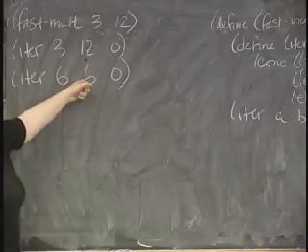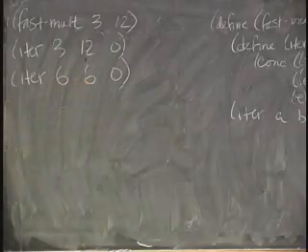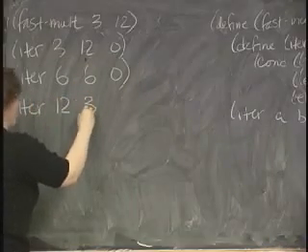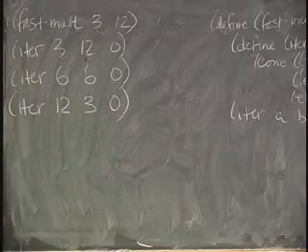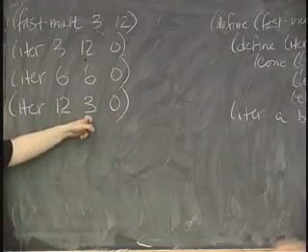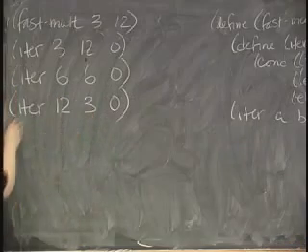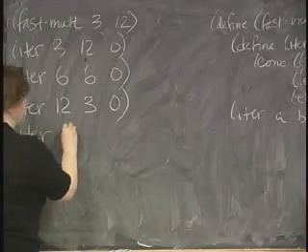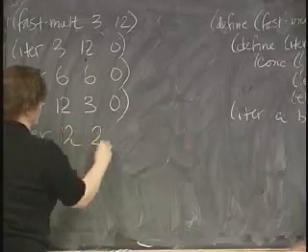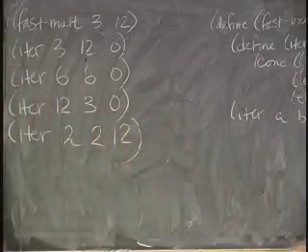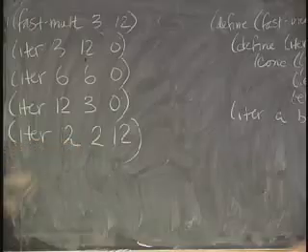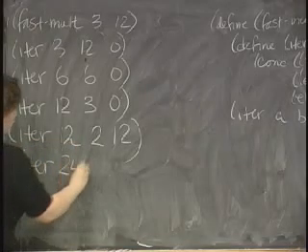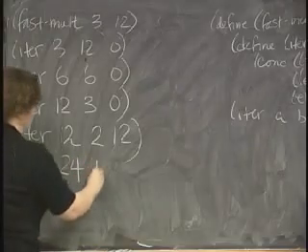Is this 0? No. Is it even? Iter double A, half B, pass result. Come in. B is not 0. B is not even. So we call iter on A, B minus 1. B is not 0, but B is even. 24, 1, 12.